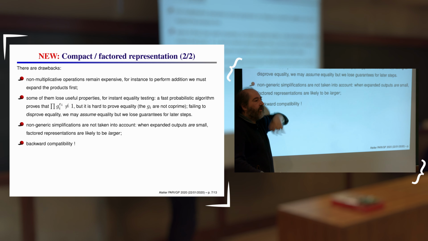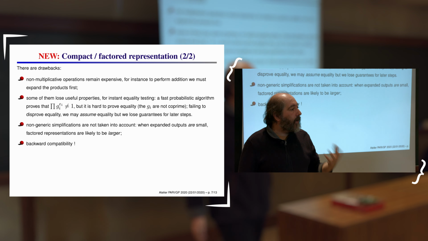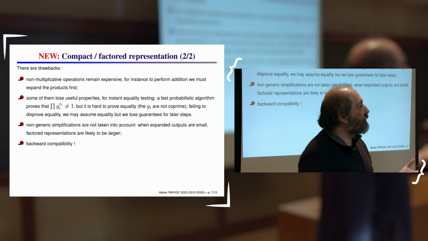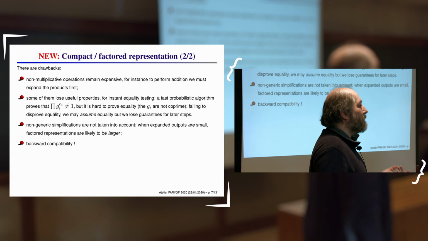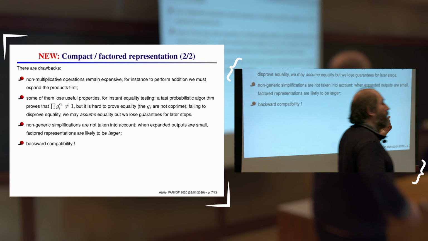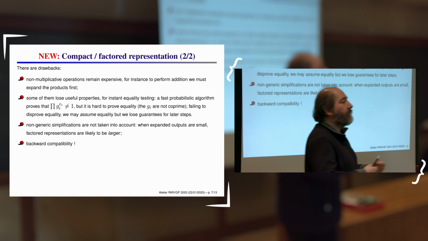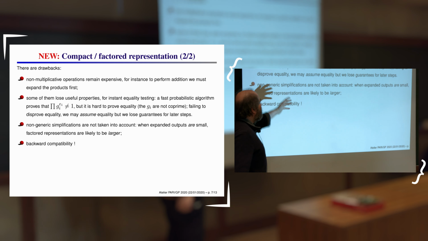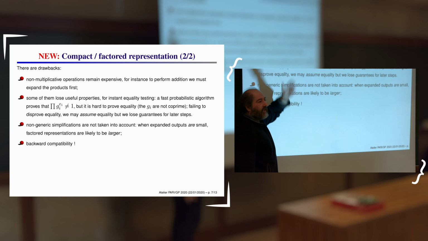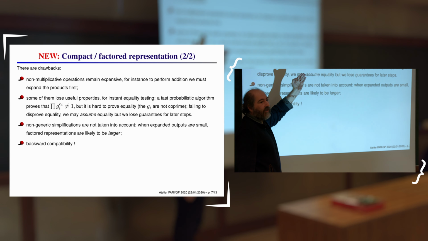So you have a very efficient probabilistic test to check for non-equality. But if we fail to prove inequality, it doesn't mean that we proved equality. So checking whether something is 1 becomes easy in some cases when it's not 1, and very hard in the other cases when it's 1.